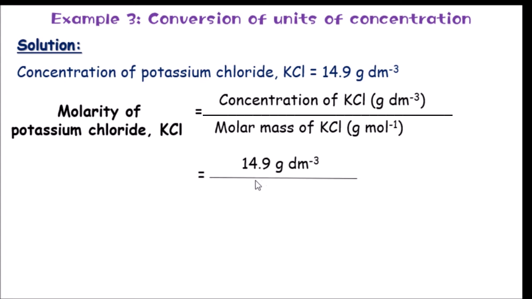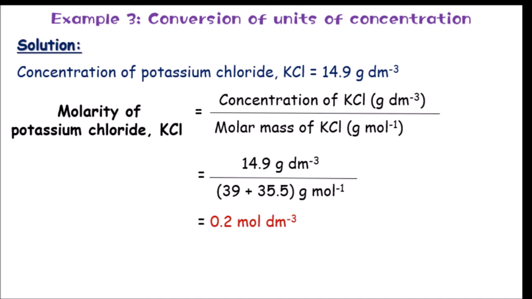So you will have 14.9 gram per dm cube. Now you need to divide by the molar mass of KCl, potassium chloride. So it is 39 plus 35.5. So you will get the answer 0.2 mole per dm cube. Alright, good job.